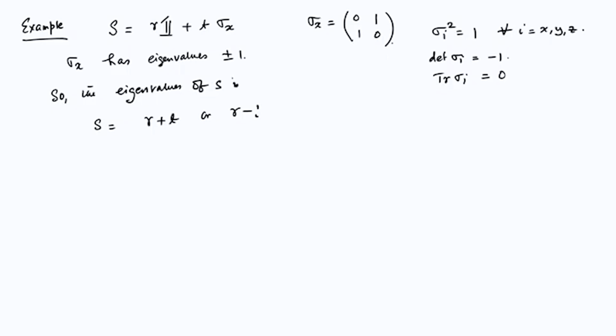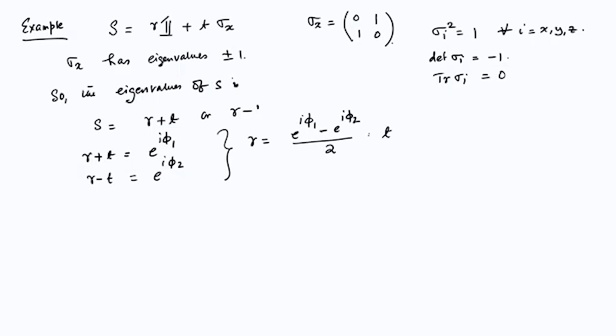So it's R and then either plus T or minus T. If you define R plus T equal to exponential i phi 1, where phi 1 is the phase of that, and R minus T equal to exponential i phi 2, then R becomes equal to exponential i phi 2 divided by 2, and T becomes equal to exponential i phi 1 plus i phi 2 divided by 2.